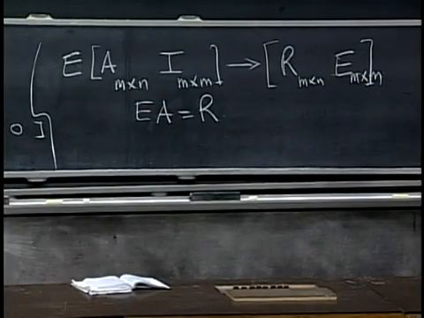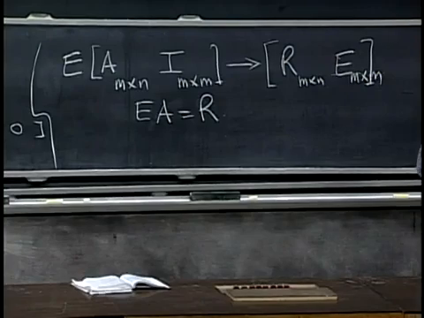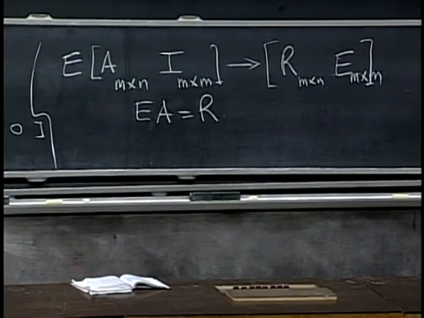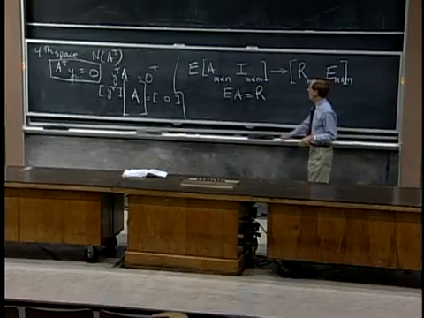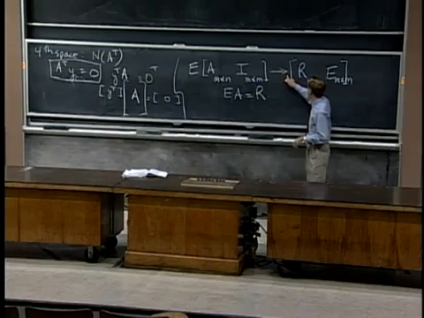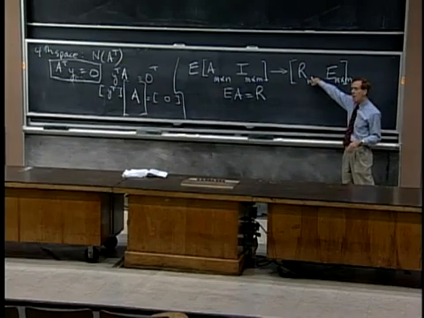Let's just review the invertible square case. What happened then? Because I was interested in it in Chapter 2 also. When A was square and invertible, I took A I, and did row elimination. What was the R that came out?